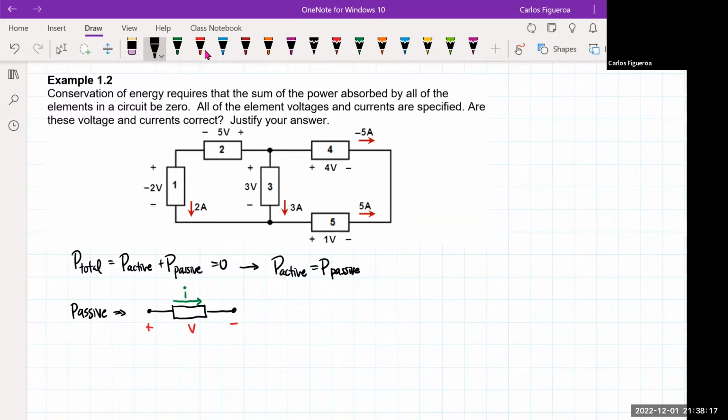When I look at active, I mean that the current flows in the opposite direction. It flows uphill. So that's the voltage right there, and now the current is going from the low potential to the high potential. The only way you can have an active element is if it has an EMF.